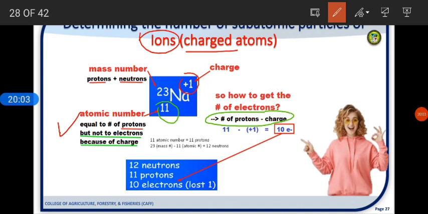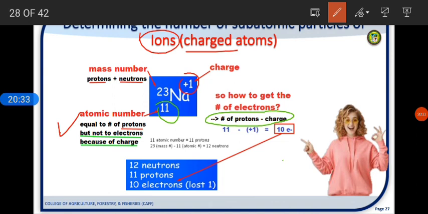So 11 minus +1 is equal to 10. So I place letter e minus because that refers to the number of electrons. Okay, so there are 10 electrons. Again, how are you going to get the number of electrons? Just get the number of protons and then minus it with the charge.